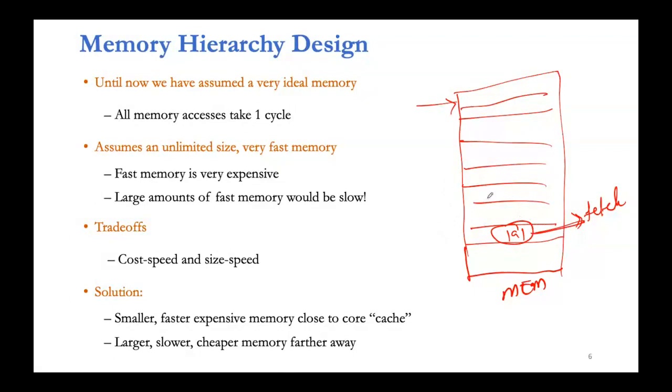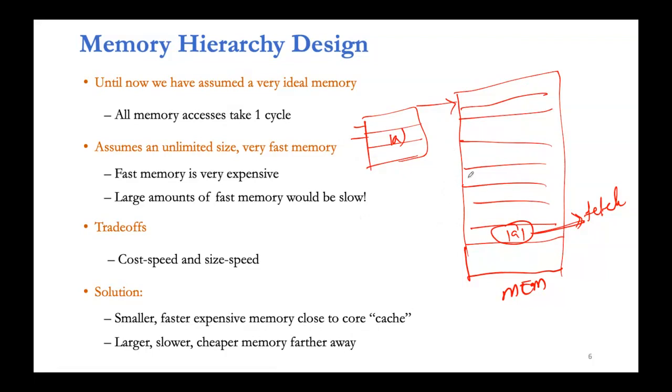So with unlimited size memory, accessing the data takes a lot of time. If instead we use a small memory and the data is placed in it, accessing the data takes much less time.